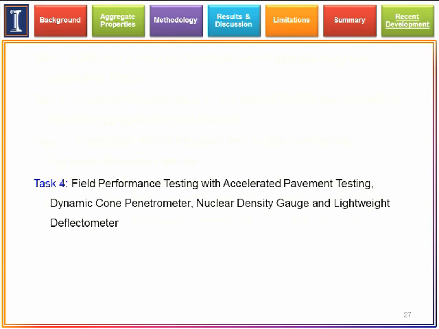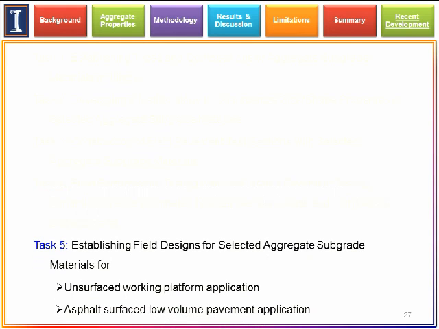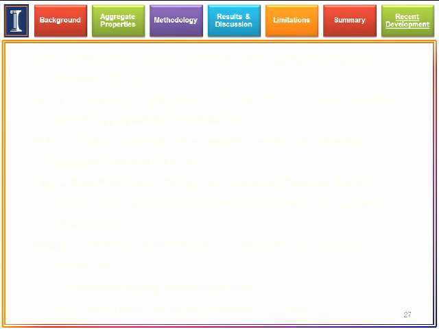Task 4 is field performance testing with accelerated pavement testing, dynamic cone penetrometer for correlation to CBR, nuclear density gauge for density, and lightweight deflectometer for the modulus values. Then finally, establishing field designs for selected aggregate subgrade materials for unsurfaced working platform application, and then asphalt surfaced low volume pavement application.